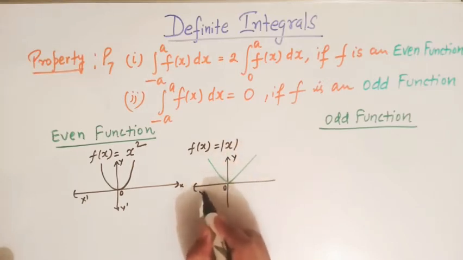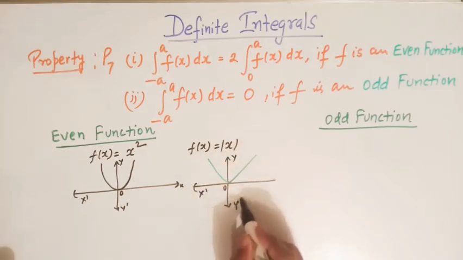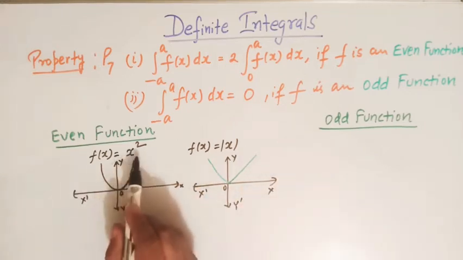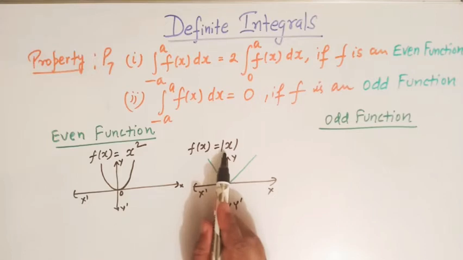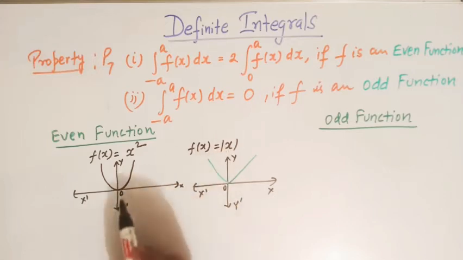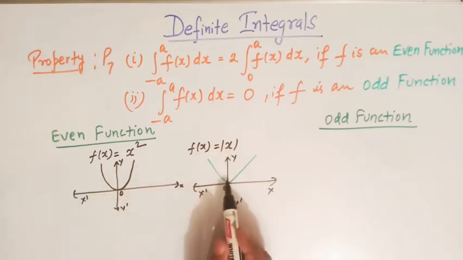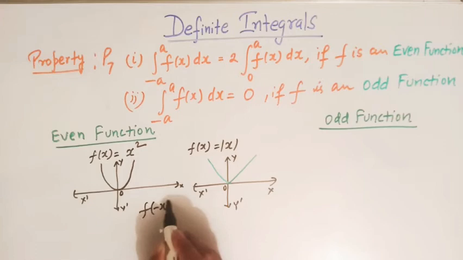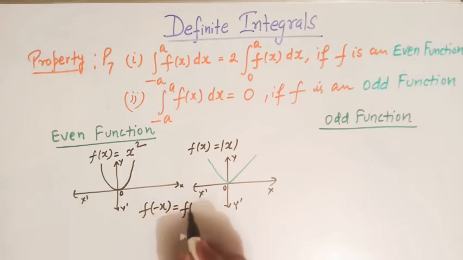So here we have the graph of two functions. One is quadratic function and other is the absolute value function, and both these graphs are symmetrical about y-axis, and they satisfy f of minus x is equal to f of x, right?